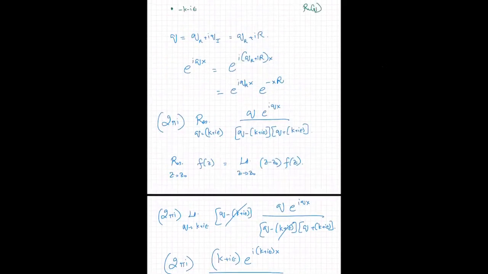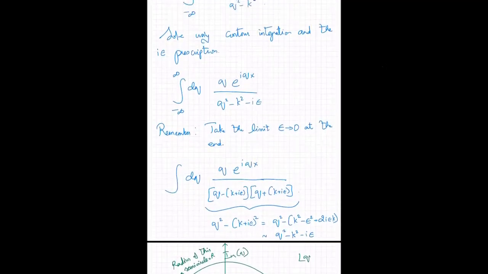So the answer to this integration is basically 2 pi i. Wherever I see q, I should just substitute the value of q at the pole, which is k plus i epsilon, divided by the denominator q plus k plus i epsilon. So there are two factors of k plus i epsilon.